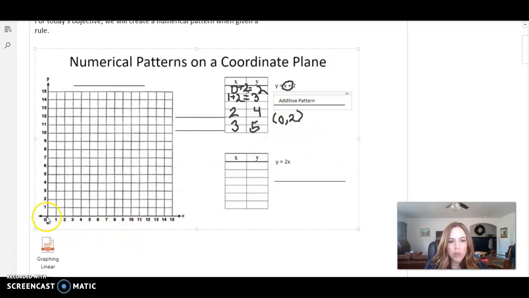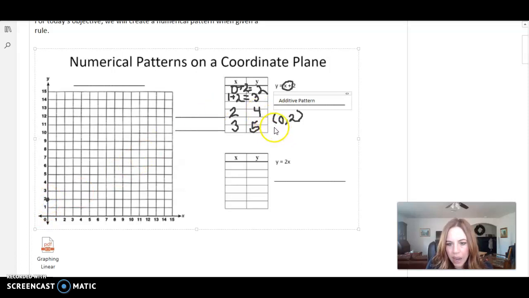This is one thing we are going to go over today in our Zoom call. Whenever you are describing how to plot a point, you always need to start where we always start. Where does everything always start on a coordinate plane? It starts at the origin. And then my x value is 0, so am I going to go over any? No, because if it's 0, then I don't move over to the right. And then my y value is 2, so I'm going to move up to 2 and put my dot right there.